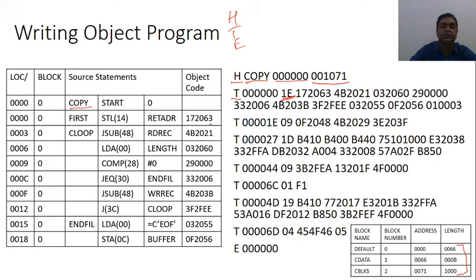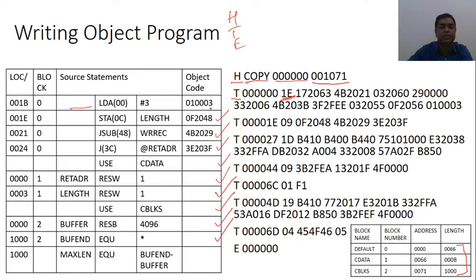Now you can see this is a 3 byte object code, 3, this one is also 3, 6, this one is 3, 9, 3, 12, 3, 15, 3, 18, 3, 21, 3, 24, 3, 27, and the next part of this program is this, and this one makes 30 bytes. So the last object code that will be included in this text record is this one.